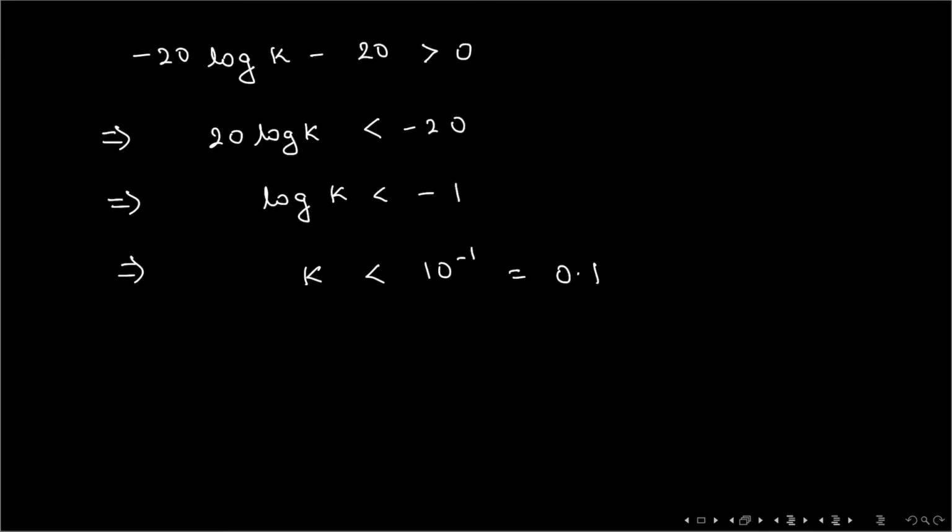Hence, we know that for the system to be stable, k should be less than 0.1, and it was given in the problem that k should be less than k naught, and we have to find the maximum value of k naught. So we get k naught equal to 0.1.